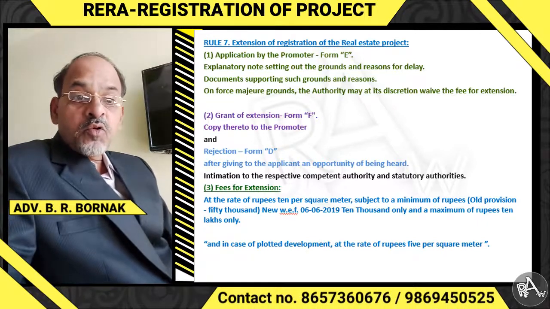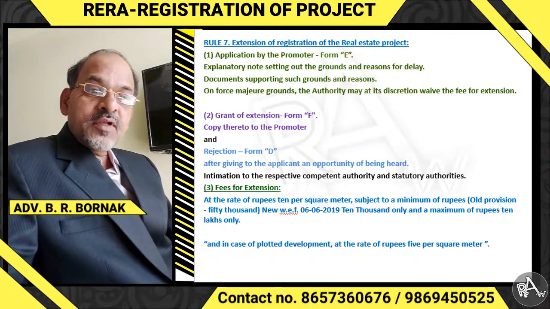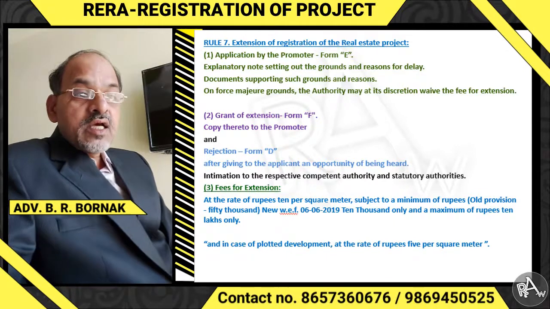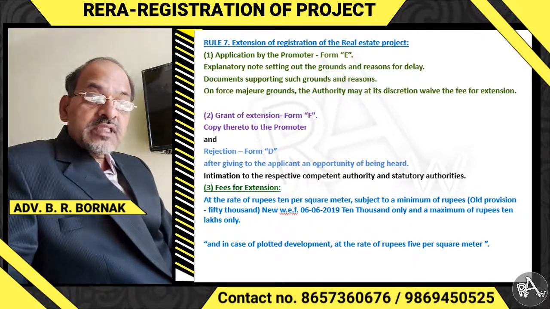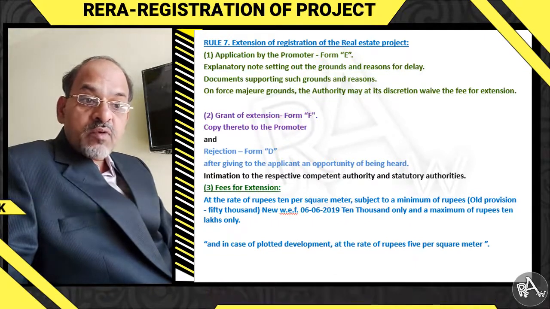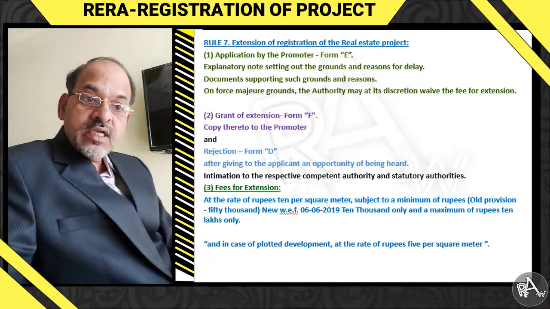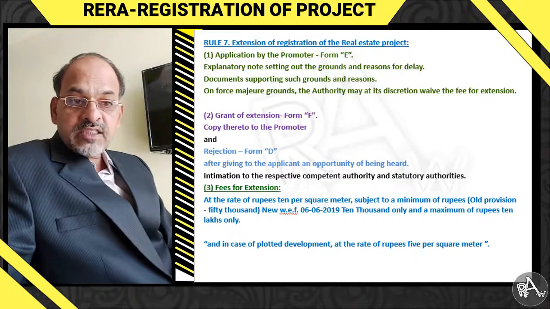extension of the project. Means the extension of the project itself is like a new registration, because the full fees, that is rupees 10 per square meter, subject to a minimum of rupees 10,000 only and a maximum of rupees 10 lakhs only, is required. This is the fee that is also required for submission of an application for registration.